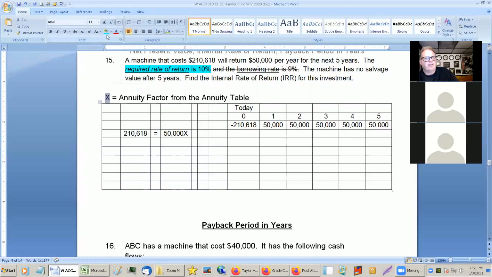And X equals the annuity factor from the annuity table. So we first solve for X, that gives us the factor, and then we've got to go to the table. Okay, so divide both sides by 50,000. So 2.